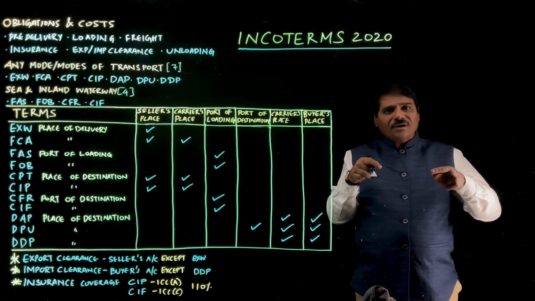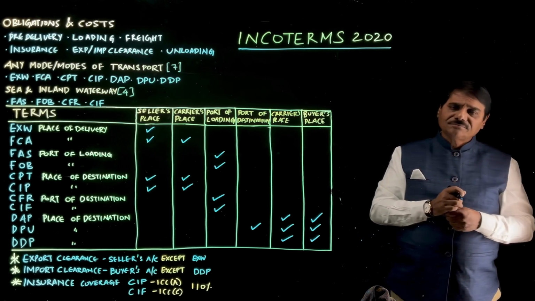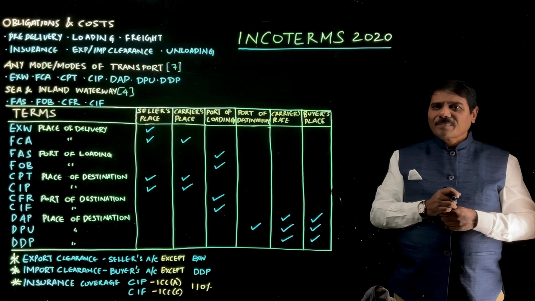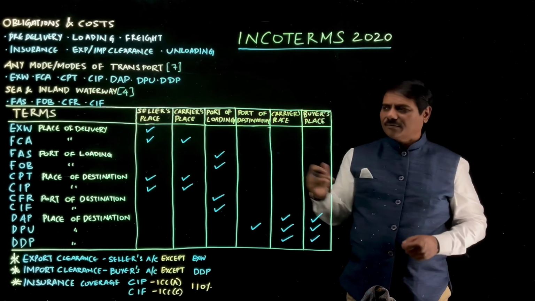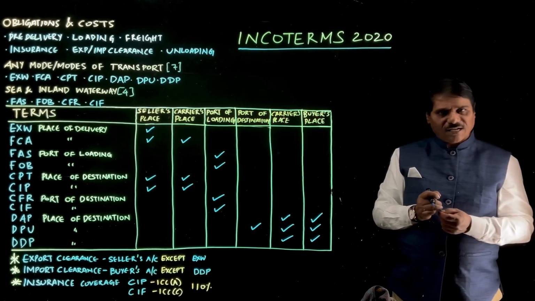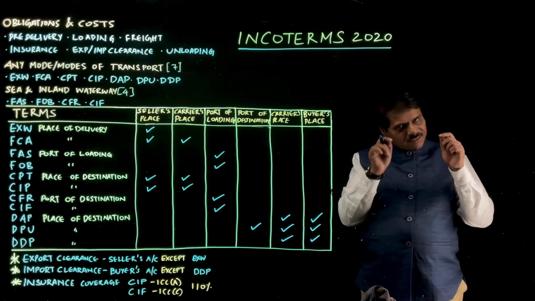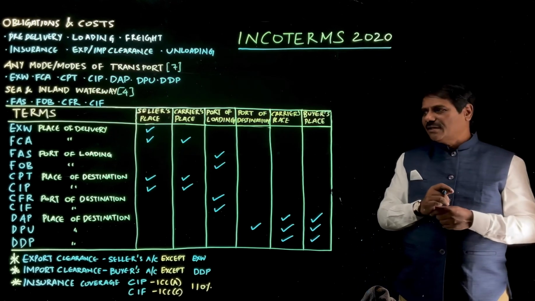So, in the sales contract, you have to incorporate what the delivery point is. In case of all other terms we have discussed earlier, for Ex-Works you are writing the seller's place, that is the delivery point. For FCA you are writing the place of delivery, that is the delivery point. Meaning the seller's risk is passing to the buyer.